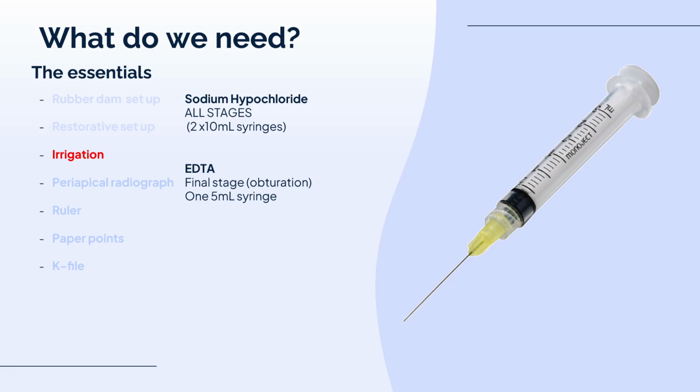Irrigation. So again, these are the essentials. These are what you need every single appointment. Okay, sodium hypochlorite, I use a lot of this. I believe that the success of a root canal depends on how well you irrigate and clean it. If you don't irrigate it enough, you'll probably get a failure on your root canal. I require two 10 ml syringes of hypochlorite at all stages.